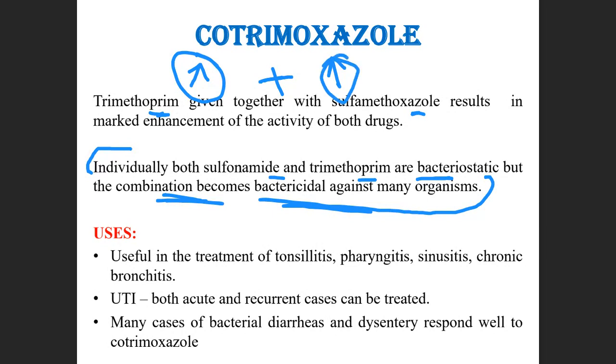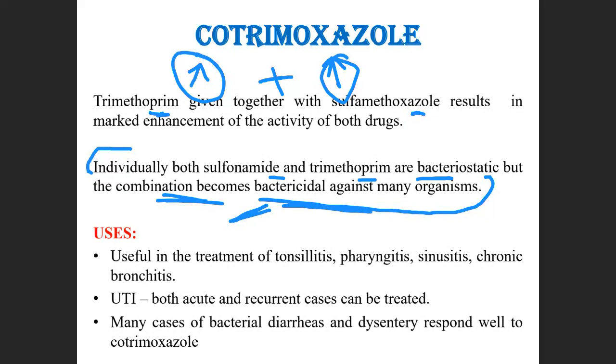I will give you a very common example here. Suppose a patient comes to you with a pain, maybe a headache, and you advise him a Panadol. The patient says, okay, I will take Panadol, but I need some medication that should act much faster than Panadol.